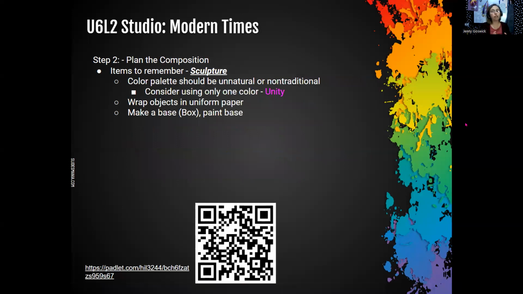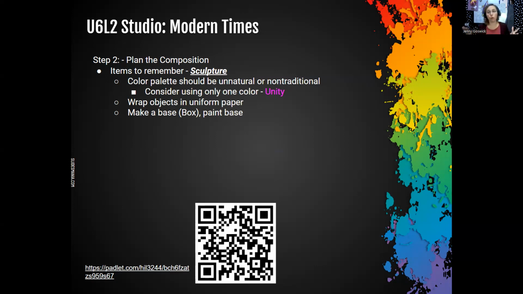If you're thinking more along the lines of creating a sculpture for your project, one of the things you want to remember is the color palette, again, can be an unnatural color, but consider using one color like Louise Nevelson, where she painted everything all one color, and that really pulled it together and had unity. And then the lighting that was done gave it those darks and lights and shadows, and was really cool.